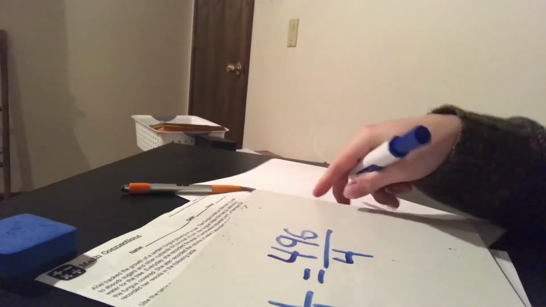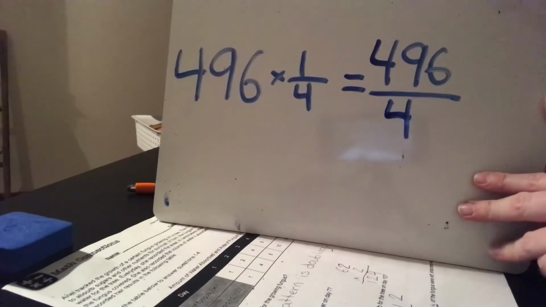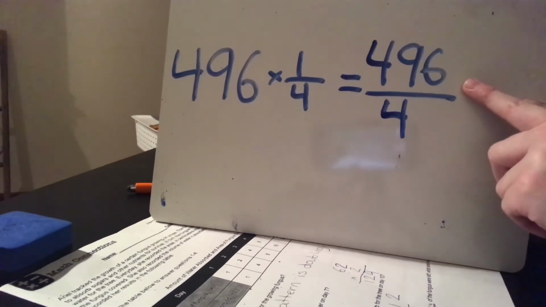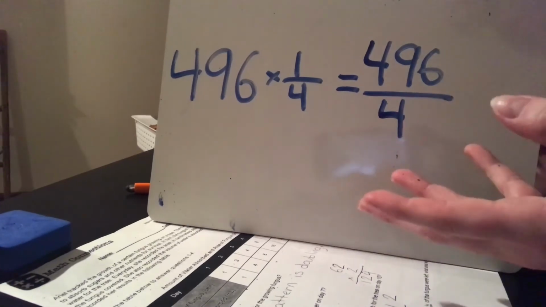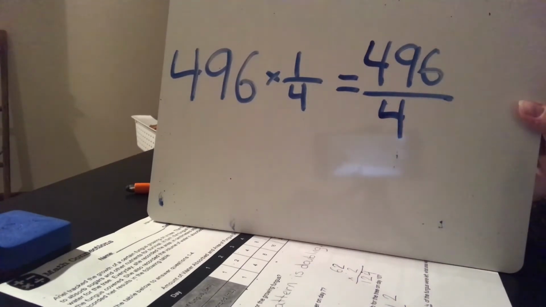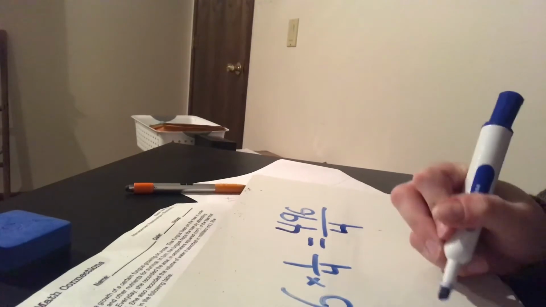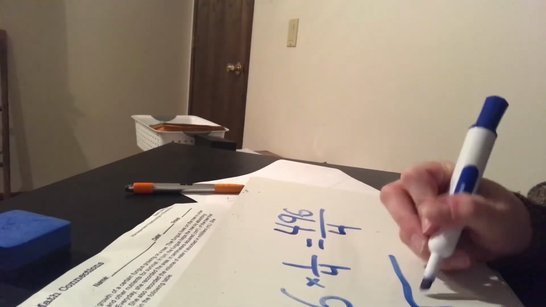So now I've turned this into a division problem because it's an improper fraction. I'm having to make it into a mixed number or whole number, whatever the answer is. So I'm going to write this as a division problem because I have to figure out how many times 4 goes into 496. So I'm going to write 4 into 496.